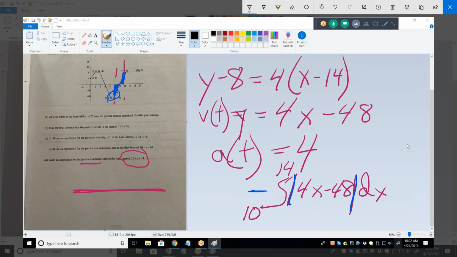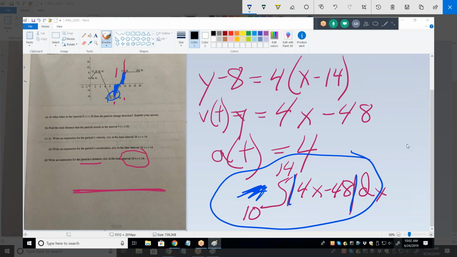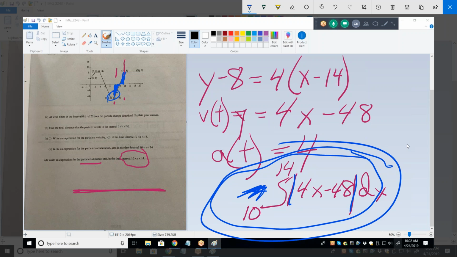Now, it's difficult to do these manually, which is interesting because they said no calculators here. Oh, you don't need it. You just need an expression. You don't need to solve it. So that's it right there: the integral from 10 to 14 of the absolute value of that function.